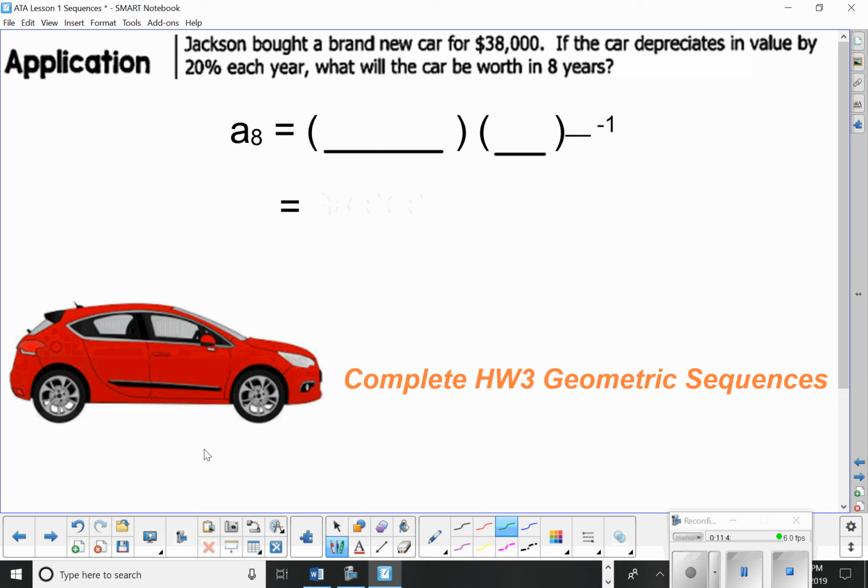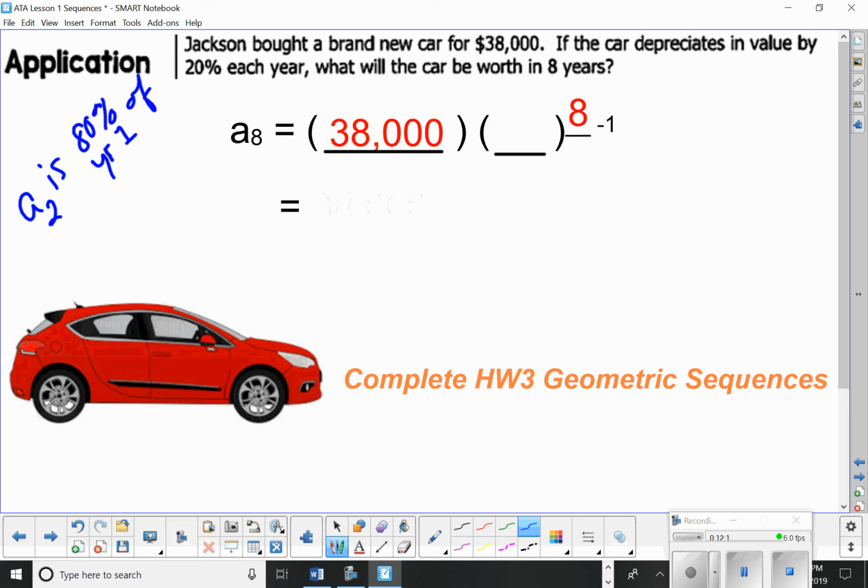But now here's something interesting. First off, I can put the 8 in up here. That's easy. And my a sub 1, well, it was 38,000. Now, it's losing 20% each year. But that means that, if you think about it, year 2 is 80% of year 1, right?